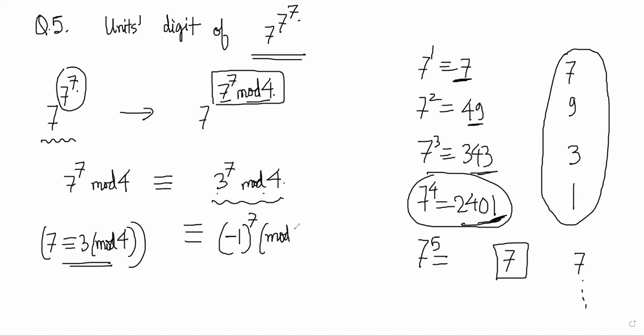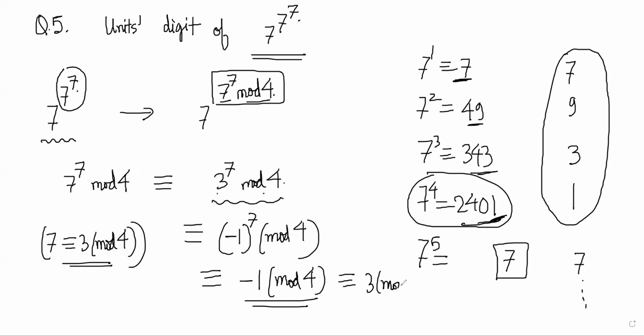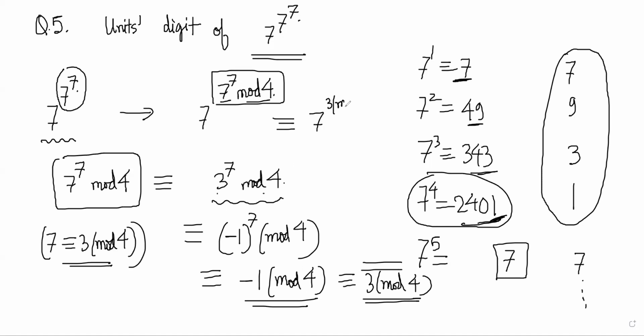So it is minus 1 power 7 mod 4, which is congruent to minus 1 mod 4, right? So minus 1 mod 4 is basically 3 mod 4. So what we have gotten is that 7 power 7 mod 4 is equal to 3 mod 4. So this overall expression is 7 power 3 mod 4.